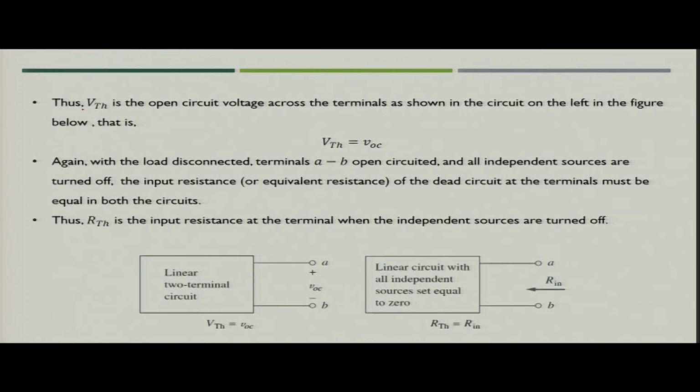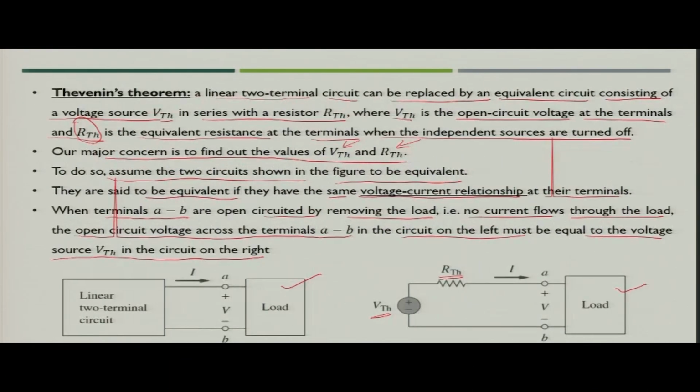How? Because VTH is the open circuit voltage across the terminals. When you remove the load, you will see some voltage, let us say it is VOC. Similarly, for the Thevenin equivalent, if you remove the load, you will again get the value VOC, and these two VOCs are the same, because this VOC would be nothing but VTH, because when it is open circuited, there would be no current flowing in this particular segment.